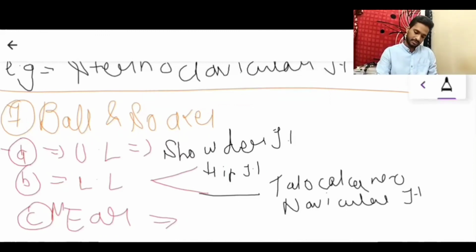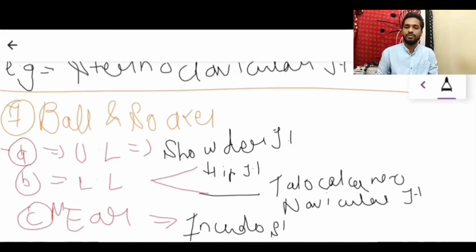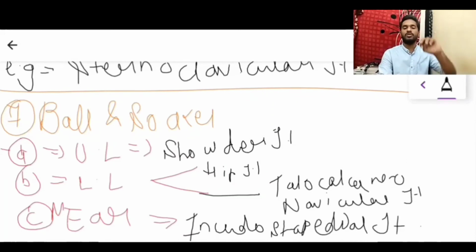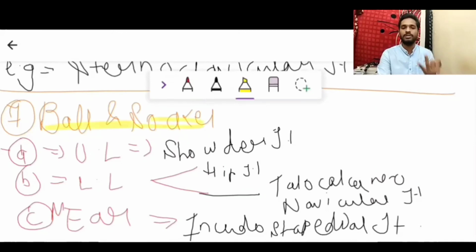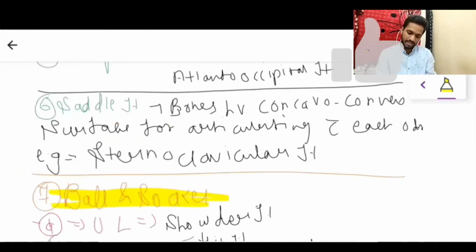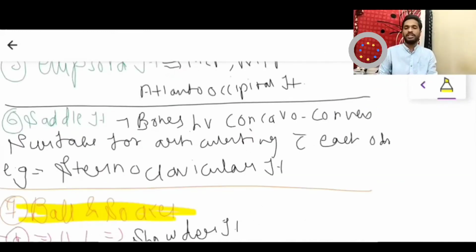And at last, a joint between the ossicles, the incus and stapes, known as the incudostapedial joint. So in total, three places: upper limb, lower limb, and middle ear. In upper limb, shoulder; in lower limb, hip and the talocalcaneonavicular; and in the middle ear, incudostapedial.